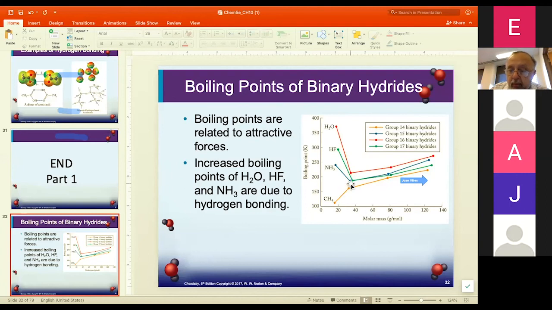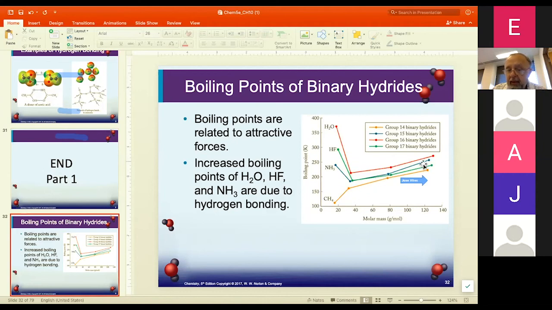Notice that when you move farther down from here, all of them start to go up again. And that has to do with polarizability, because if you go from, let's say, carbon to silicon, and from silicon to the next one, I don't remember what comes after, it's going to be bigger. A bigger atom is going to be more polarizable, and therefore it's going to have stronger intermolecular forces.